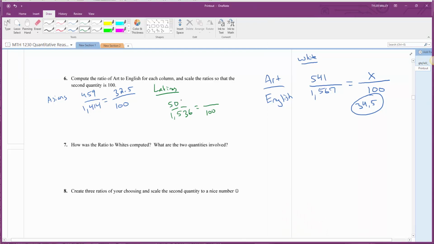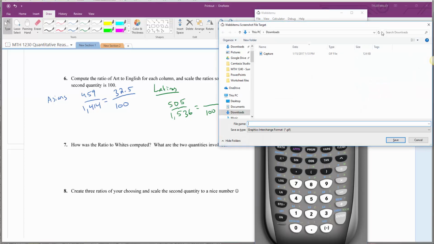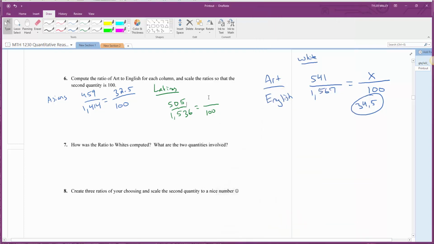So this is 505, right? If I take 505 times 100, and then divide that by 1,536, I get about 32.9. So this would be 32.9.